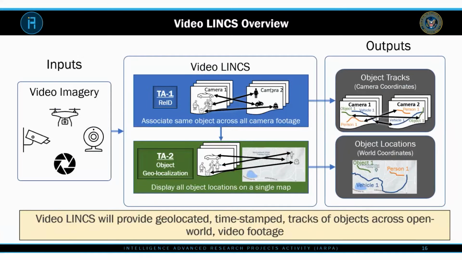The second technical area is object geolocalization, to display all objects on a single map, where the output from all of the different footage would be shown on a single map. So video links will provide geolocated, time-stamped tracks of objects across open world video footage.